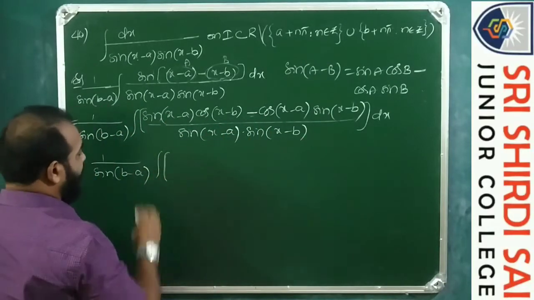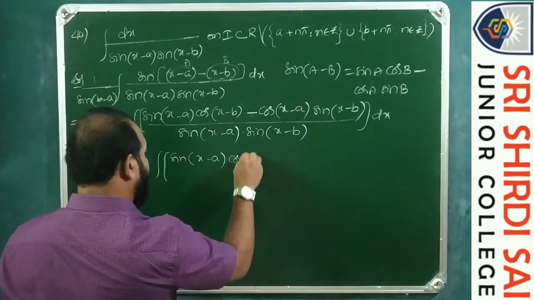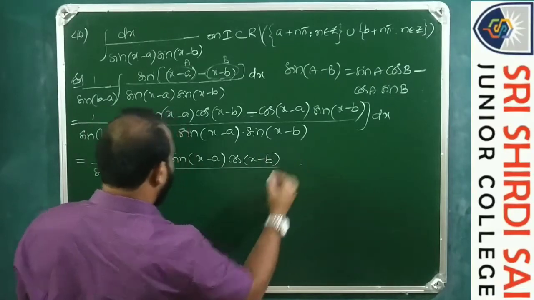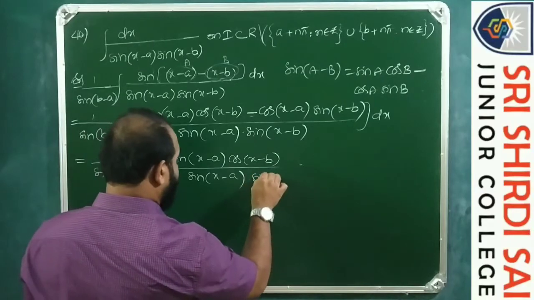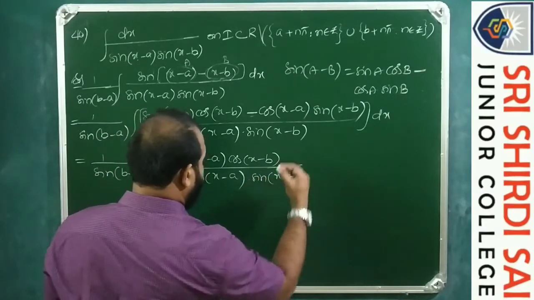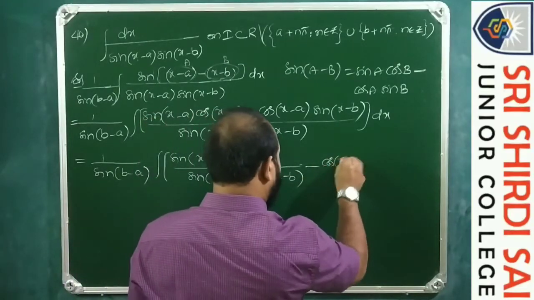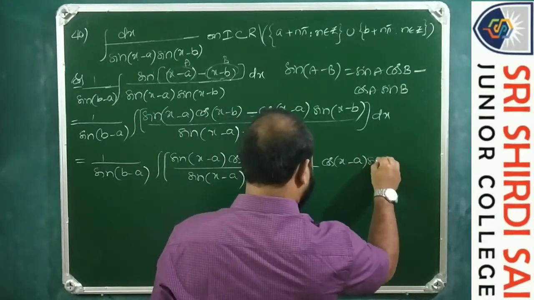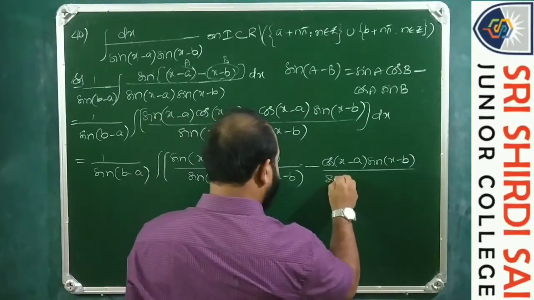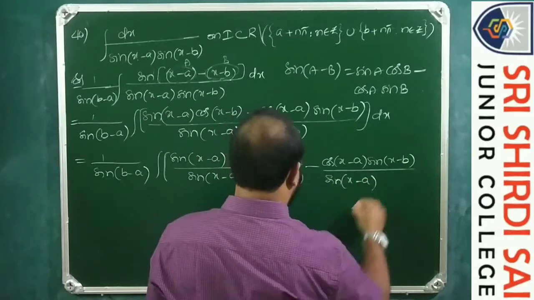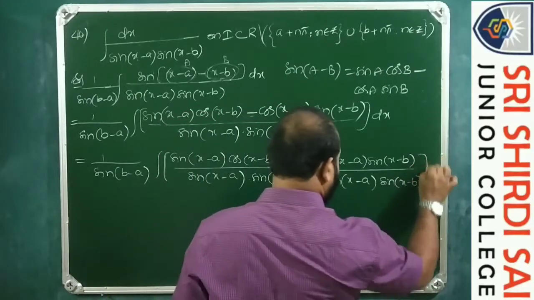So this is sin(x minus a) into cos(x minus b) by sin(x minus a) into sin(x minus b), minus cos(x minus a) into sin(x minus b) by sin(x minus a) into sin(x minus b), whole dx.